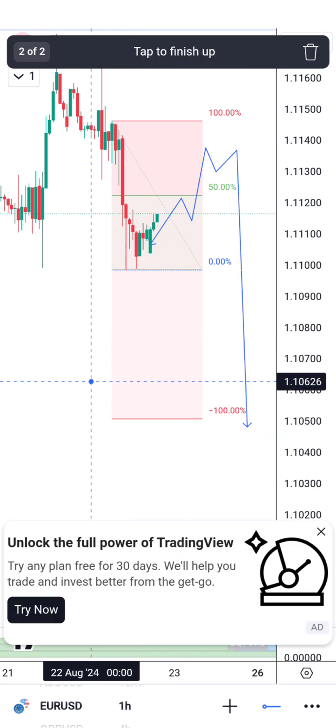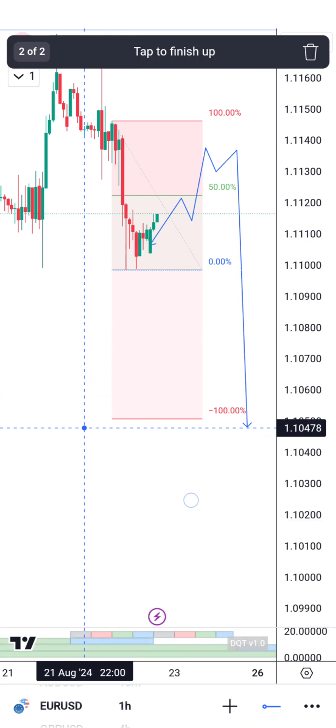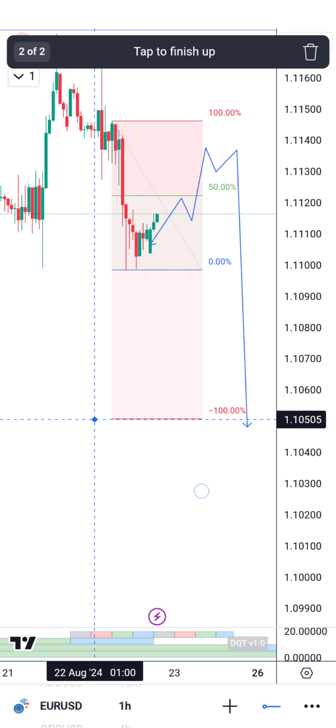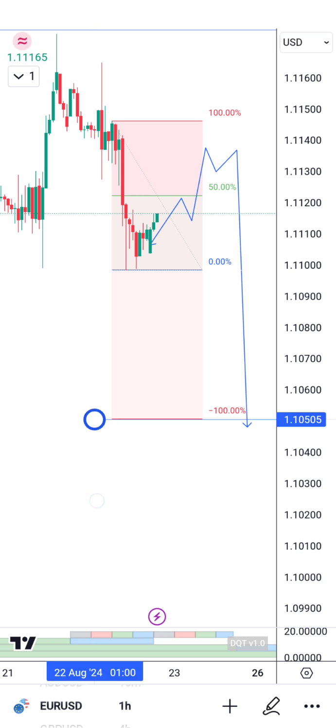So we go to our MT5 and copy this price level, which is 1.10505. That is going to be our full standard deviation, and we set it as our profit objective, which means if price leaves this level and travels right down here, we have targeted a complete range, which is one standard deviation.